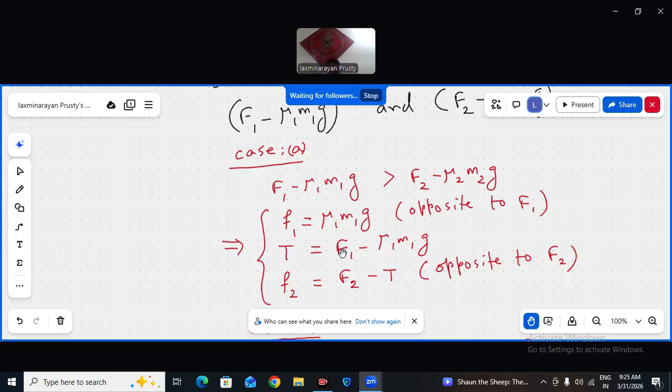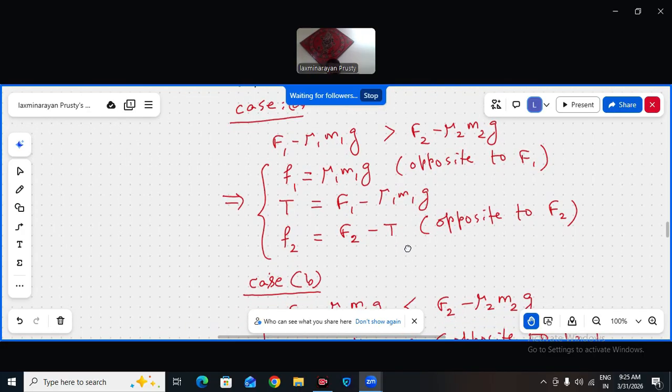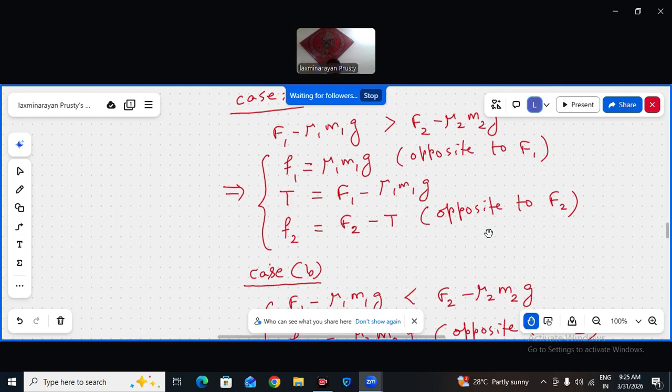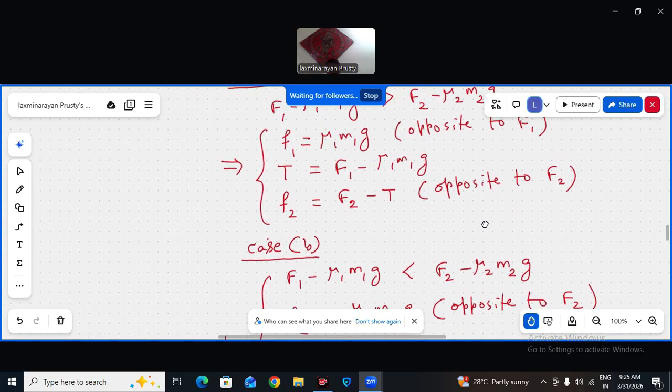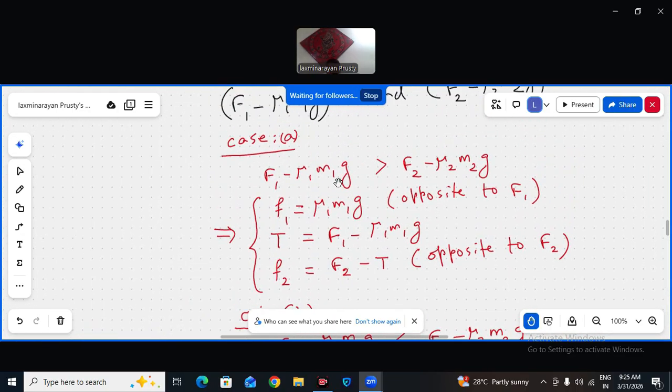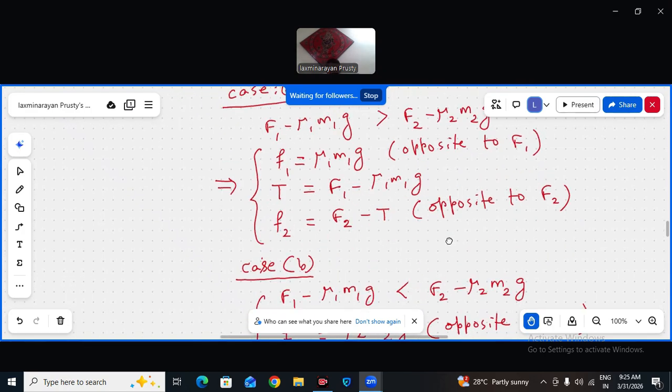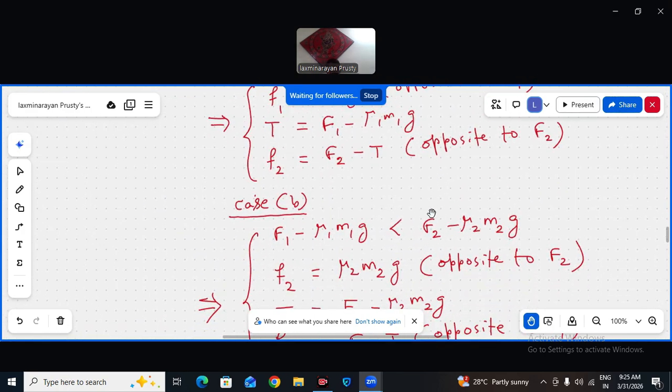T will be capital F1 minus mu1 m1g, and f2 will be, since there is no acceleration, F2 minus T, opposite to F2. Similarly, if this is less than this, then block 2 will be trying to pull the whole system to the right, so it reaches the maximum friction force first.